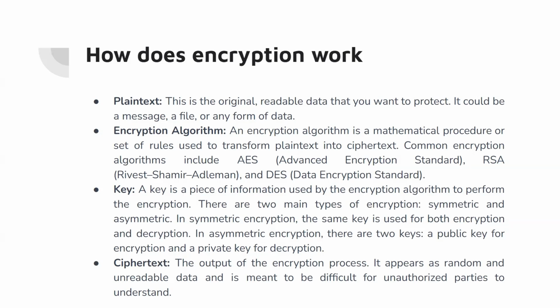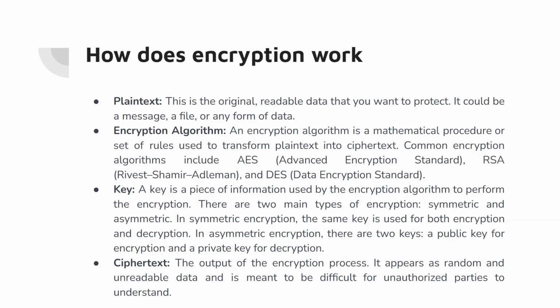This means that both the sender and the receiver need to have the same secret key. However, there's the possibility to have an asymmetric encryption key as well. In this type of encryption, there is a public key and a private key. The public key is used for encryption, while the private key is used for decryption. This enables secure communication without the need for both parties to share a common secret key.